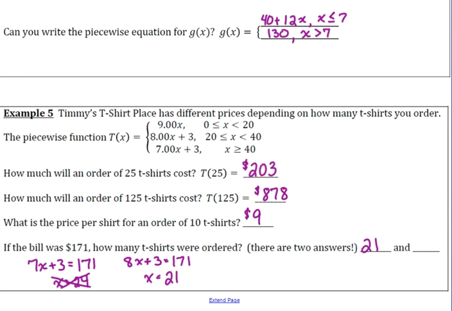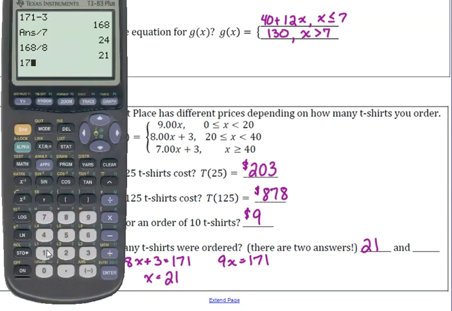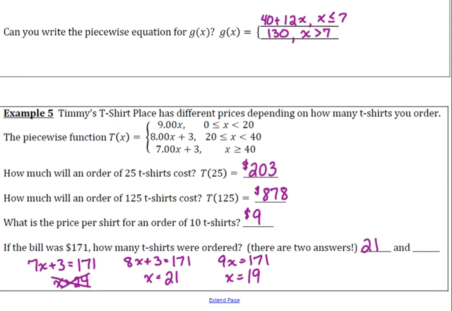So apparently, let's check the first piece. Let's see if it works as well. Okay, 171 divided by 9. X equals 19 shirts. 19 fits between 0 and 20. Okay, so this could have been an order of 19 t-shirts costing $9 a piece to give us a total of 171.